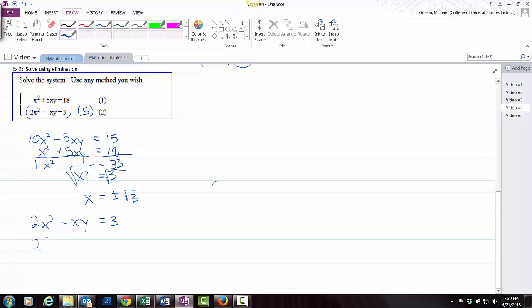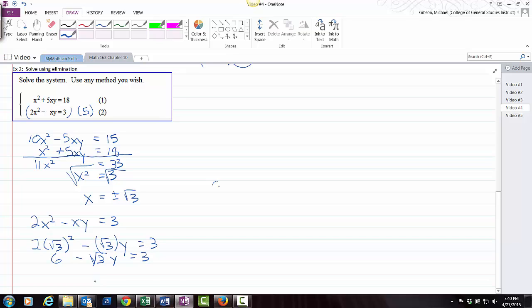So 2 times square root of 3 squared minus square root of 3 times y equals 3, right? Square root of 3 squared is 3, so that's 6. 2 times 3, 6. Minus, I'll put the y in front. So square root of 3y, remember the y is not under the square root, equals 3.